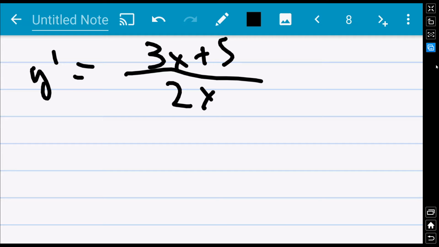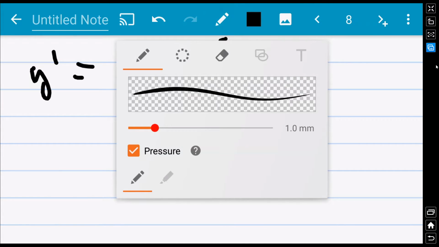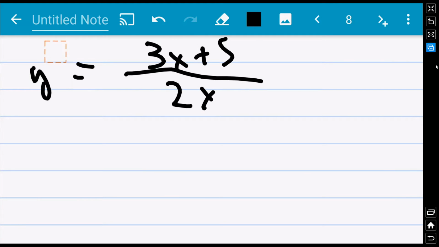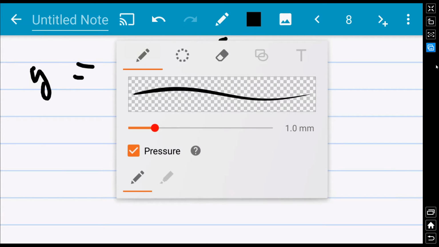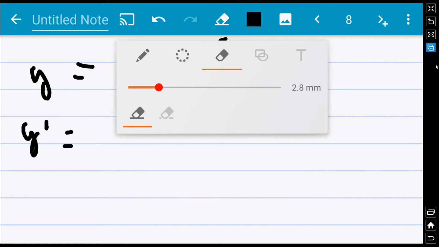So what do you do? Oh, and this is not supposed to be y prime. That's supposed to be just y. Before we get into this, actually, I should probably teach it first.